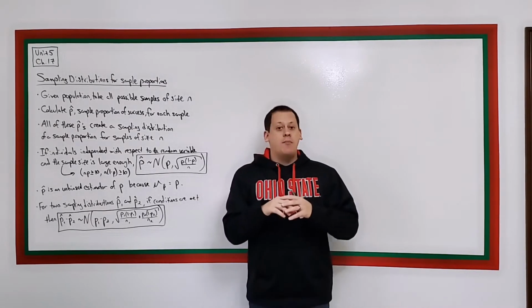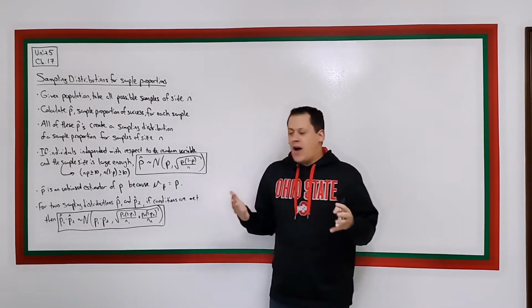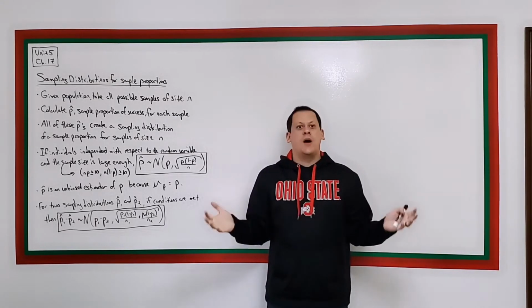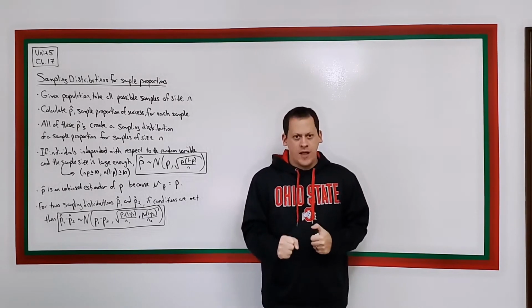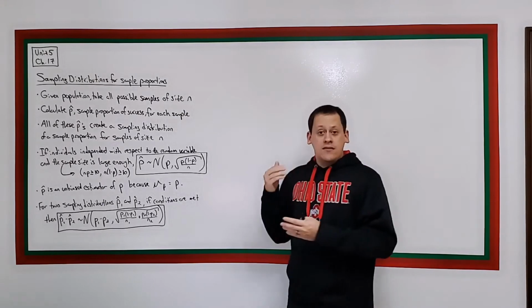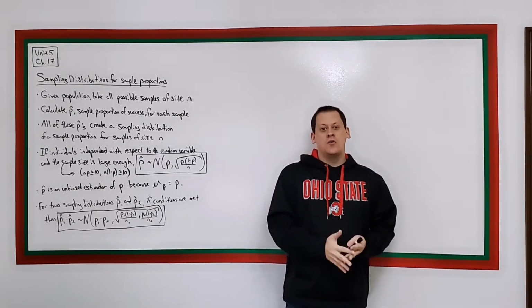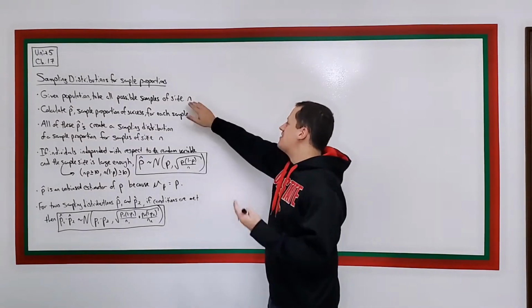So given a population, it could be any population, take all possible samples of size n. So from that large population, take all the samples you possibly can of a given size and calculate p hat, the sample proportion of success, for each of those samples of size n.